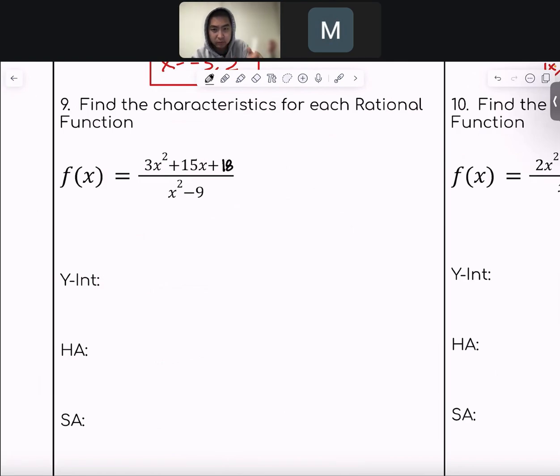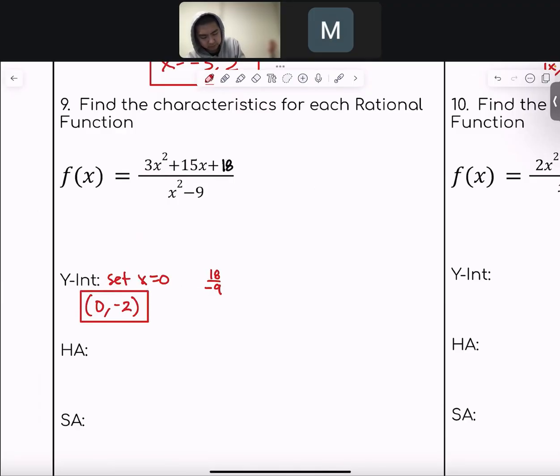Okay, so y-intercept, you set x equals 0. So these are all zeros. So basically, it's going to be 18 over negative 9, which simplifies to negative 2.